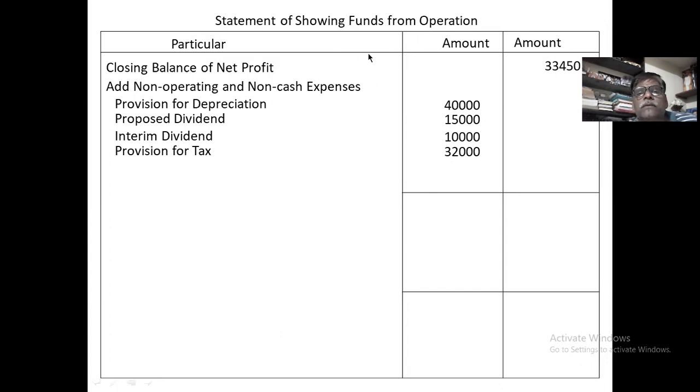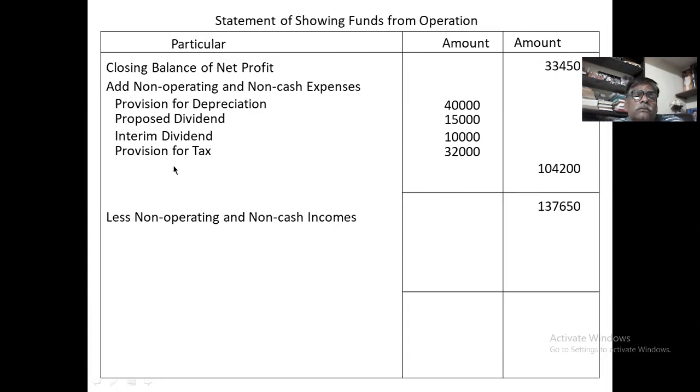Always it comes in the funds from operation and application side. Okay, you take the total of these. Wait, let me see.